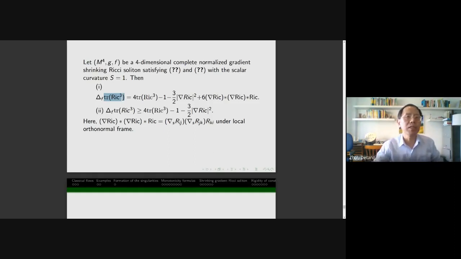So to prove this one is constant, we need to compute this one. So this one satisfies this equation. So this is the first step. The second step, we can prove that this one has a sign, which is non-negative.